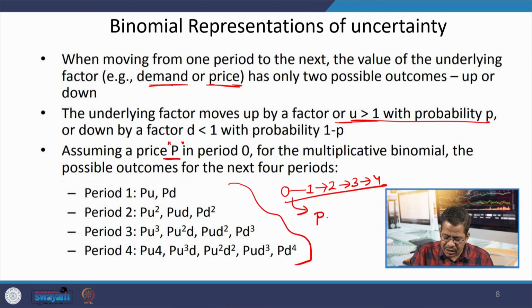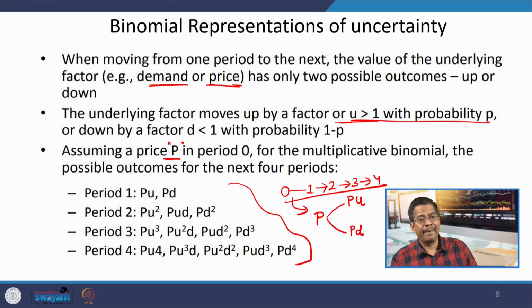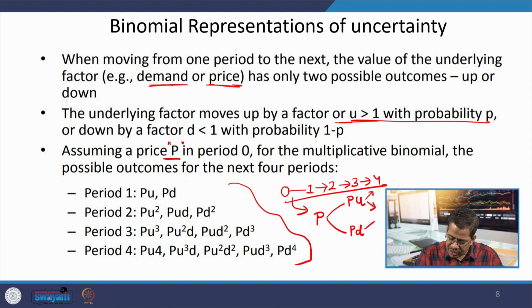Now, price can increase and price can decrease also. If it is increasing, it is up, I am saying it will increase by a factor of u, if it is decreasing by a factor of d, and then in the next period it is again possible to increase or decrease, and so on from period to period these kinds of changes are happening, and this is what we have represented in the lower part of the slide also.